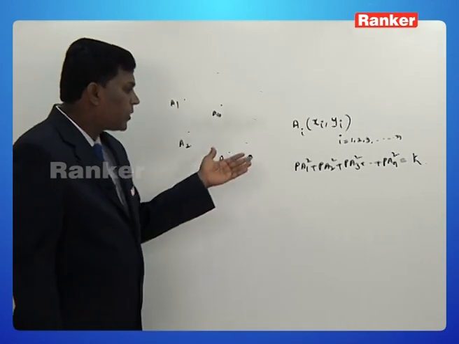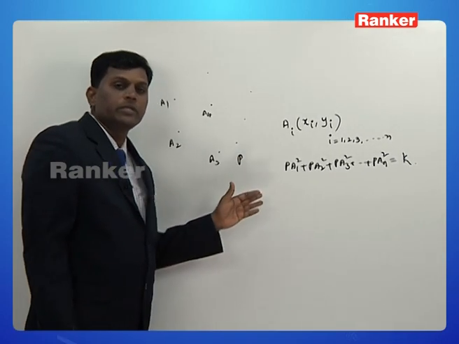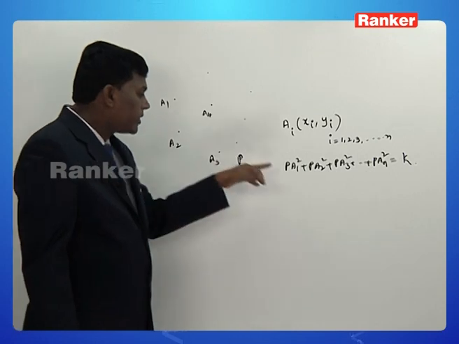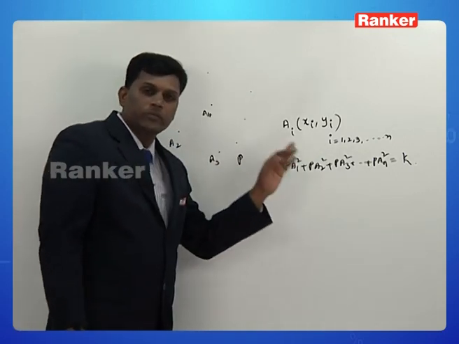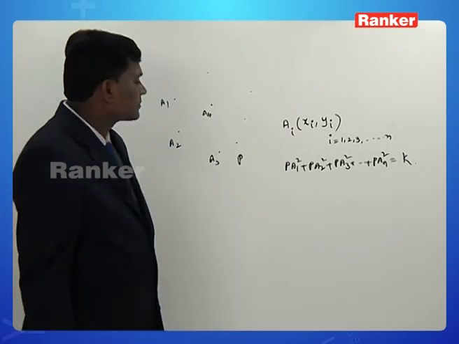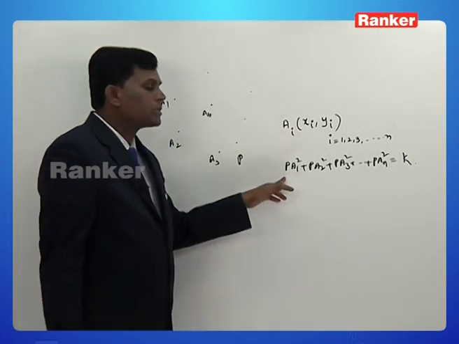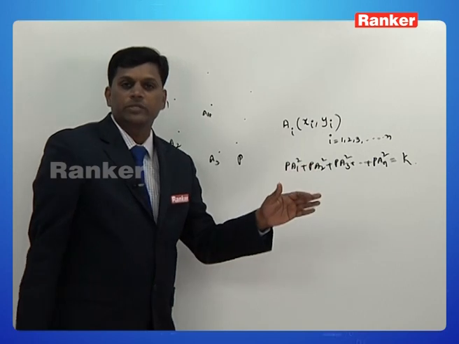A variable point P is moving in such a way that the sum of squares of its distances from the given n fixed points is always a constant k. Here also the locus will always give you a circle equation.